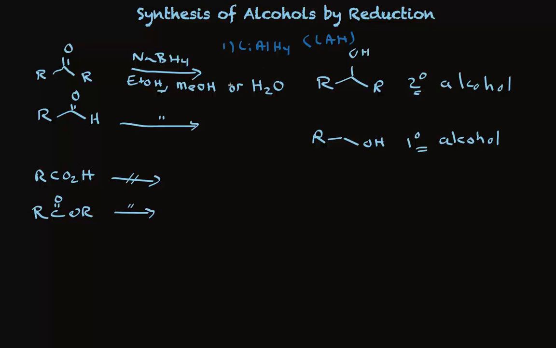Now the solvent in this case cannot be a polar solvent because LAH reacts rapidly with these polar, protic solvents. So it's only in the second step that you actually make the alcohol by adding a source of a proton.